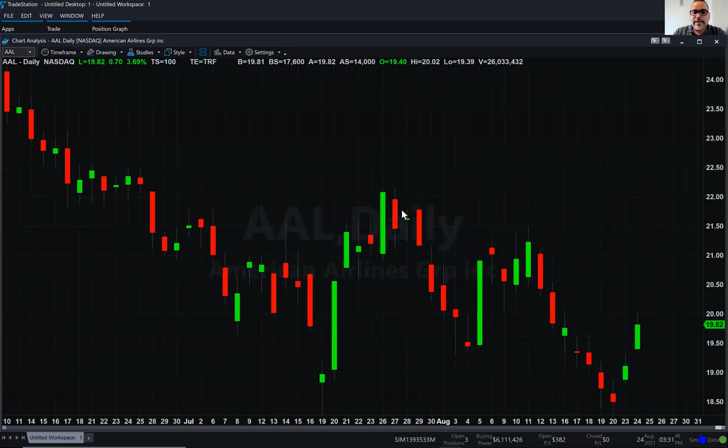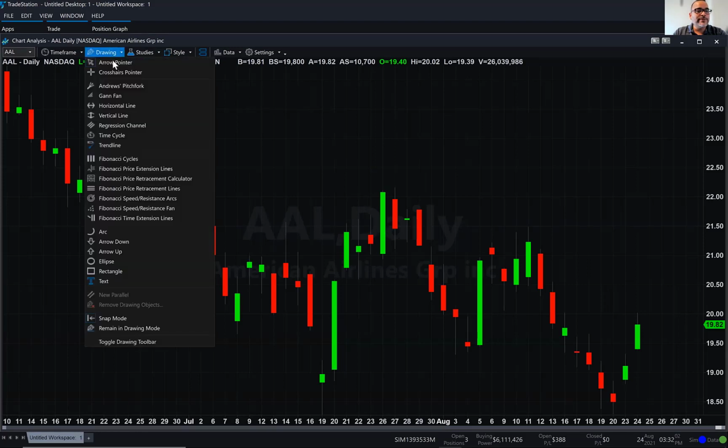All right. And what we do, we measure a certain level. Let's say, for example, we're looking at these few days of uptrending on American Airlines. I select the Fibonacci price extension lines.